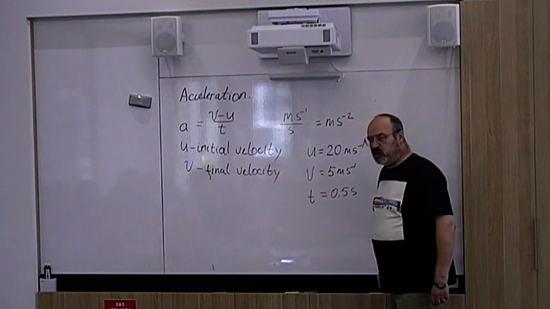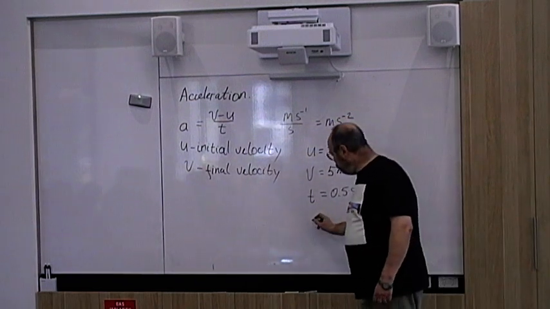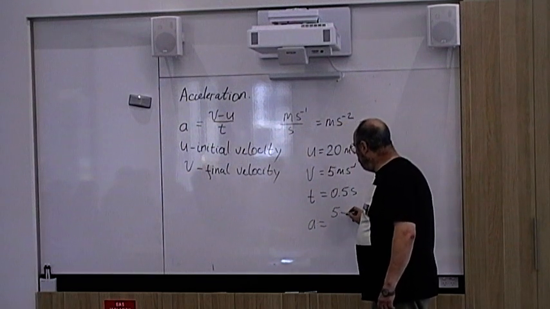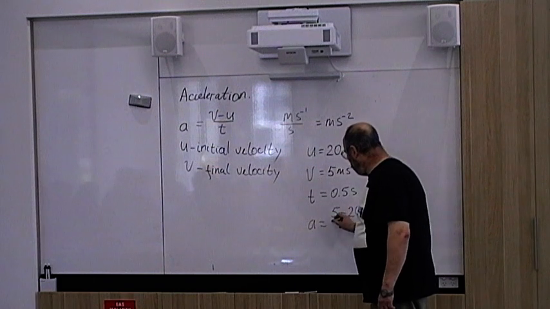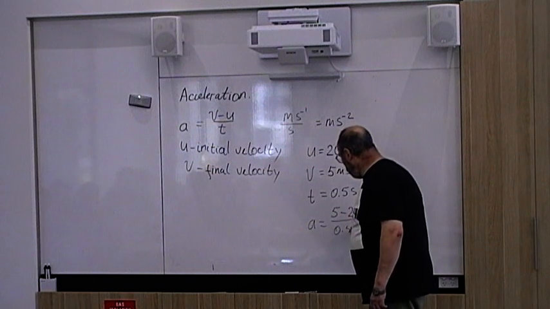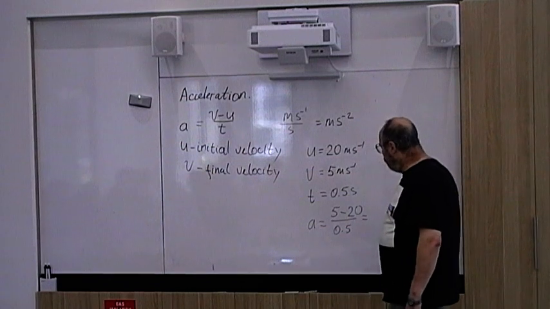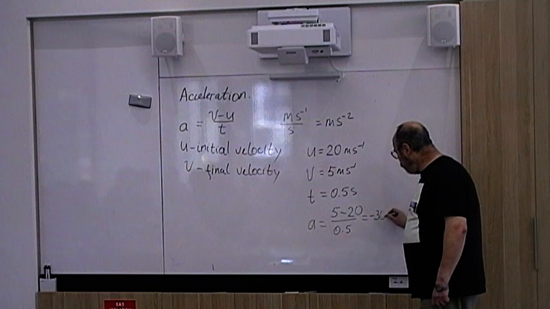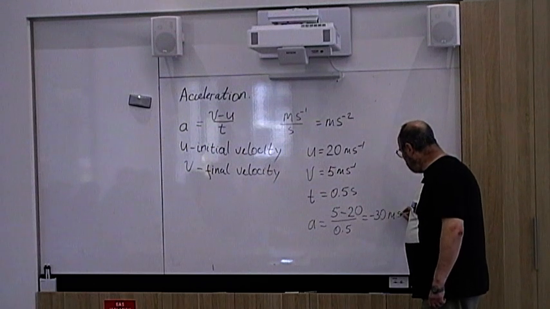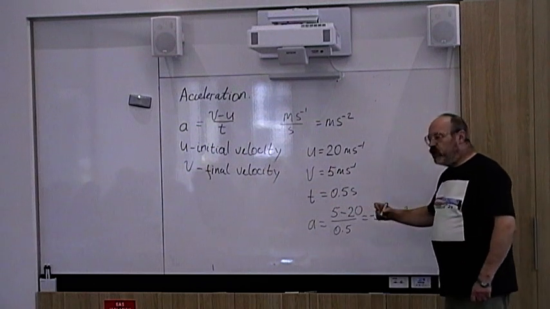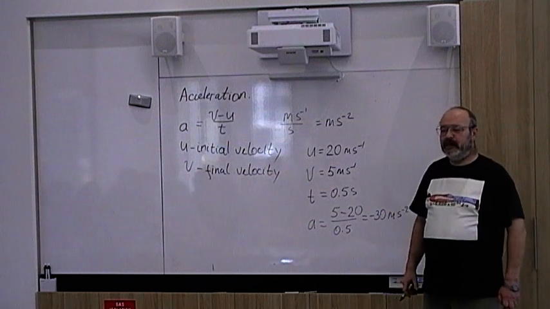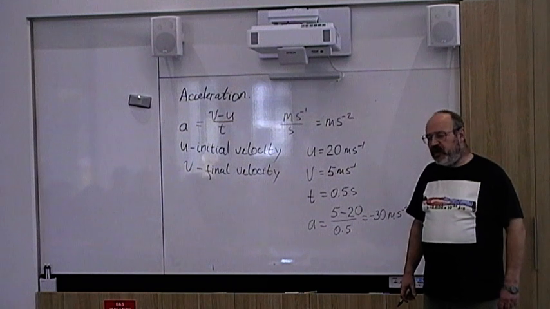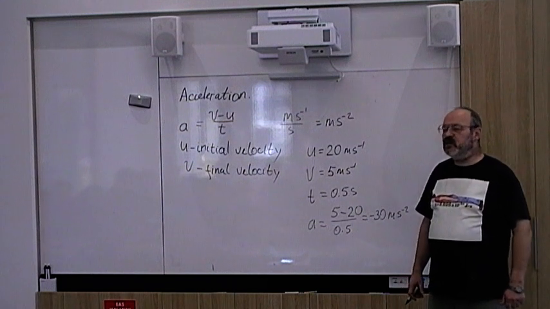What is the acceleration? We find the change in the velocity, final minus initial: 5 minus 20, divided by 0.5, equals negative 15 divided by 0.5, negative 30 meters per second squared. What does negative tell us? It's slowing down. Will the minus always tell us that it's slowing down?